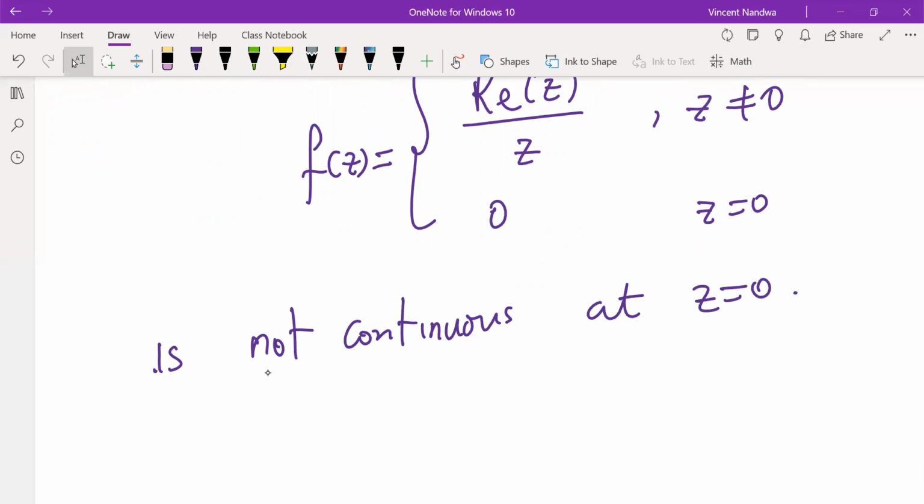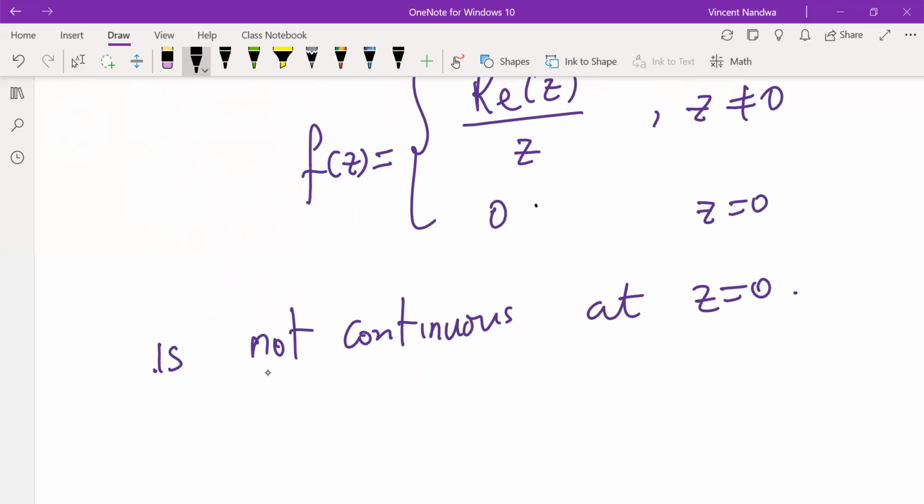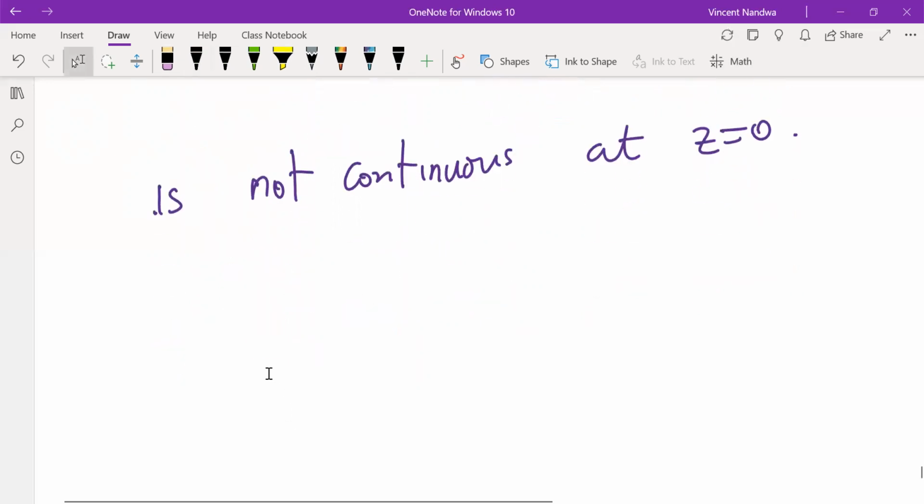Now, in this case, the first condition for continuity is satisfied because f at 0 is 0 as shown by the second formula. So we have to get the limit and show that the limit either doesn't exist or its value is different from 0. That will be enough to show that the function is not continuous.